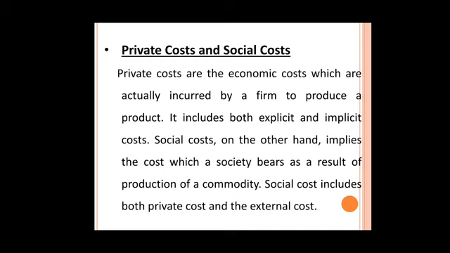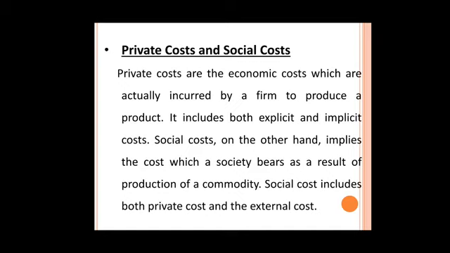Now coming to private costs and social costs. Dear students, it is important to note the distinction made by economists between private cost and social cost. The sum of explicit and implicit costs incurred by a firm to produce a given amount of output constitutes its private costs.